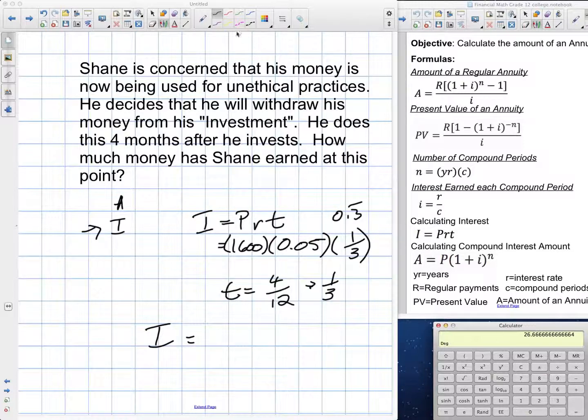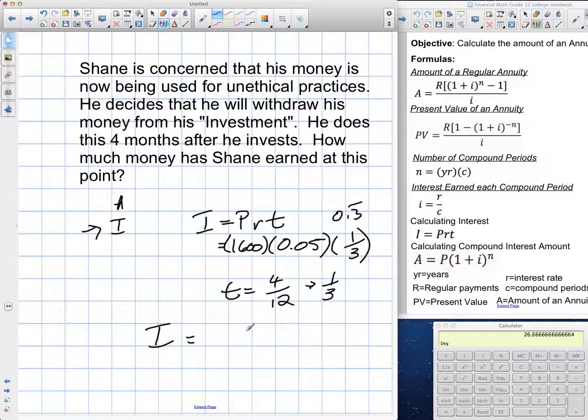Yeah, it's probably 1/3. 1,600 times 0.05 was 80. We still have to multiply by 1/3. I like to do the math myself, so that's 80 over 3, which is approximately $26.67. And the mob, being the honorable organization that they are, gave Shane $26.67, they even rounded up a penny, for investing in them for a total of 4 months.